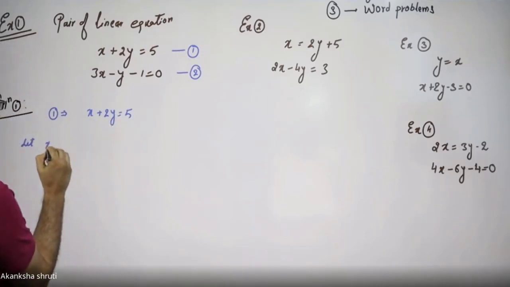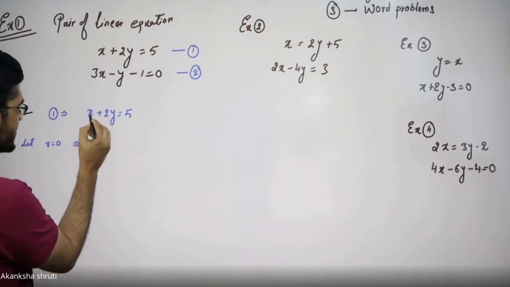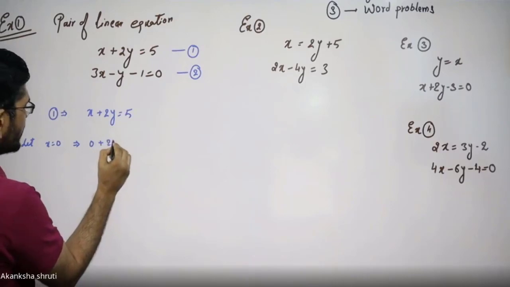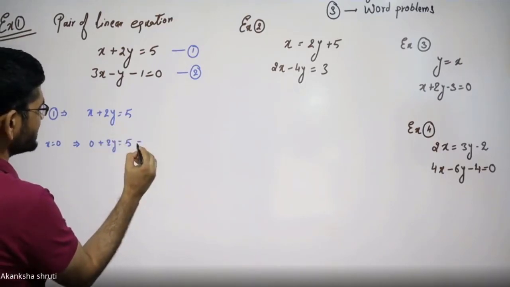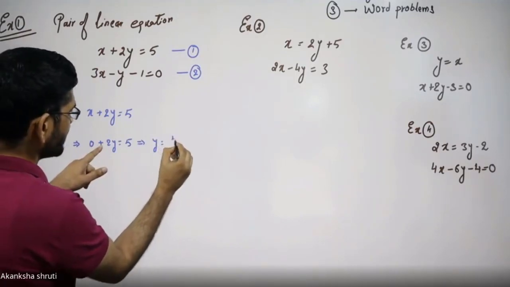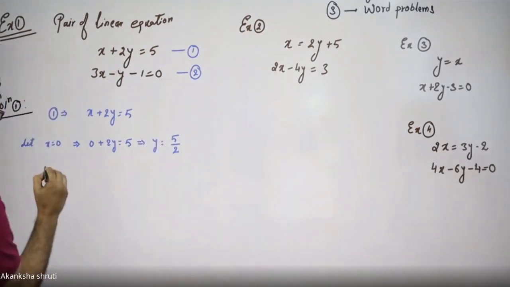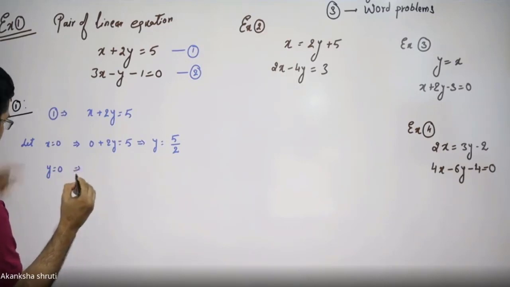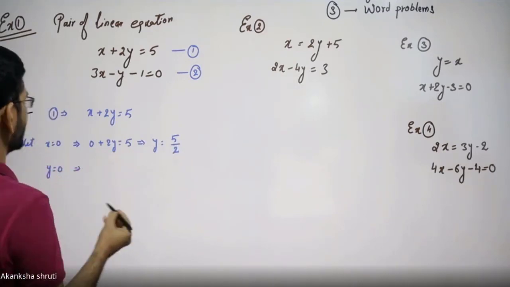So let x equal 0. Substituting x equals 0 in this equation, 0 plus 2y equals 5. It simply means the y value will be 5 by 2. Now taking y equals 0, here we are assuming some of the values and the other variable we are calculating.